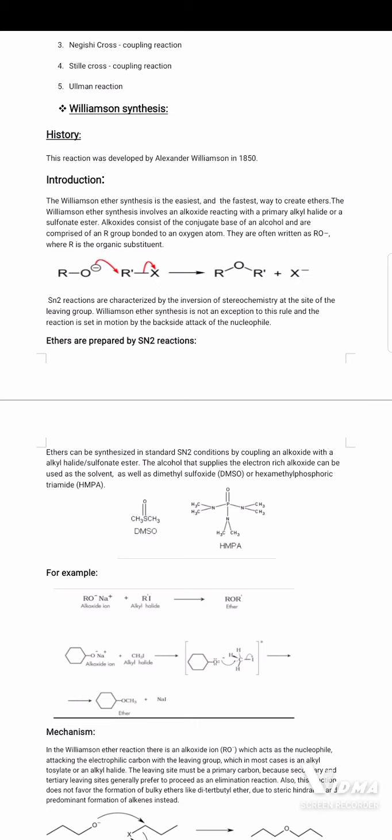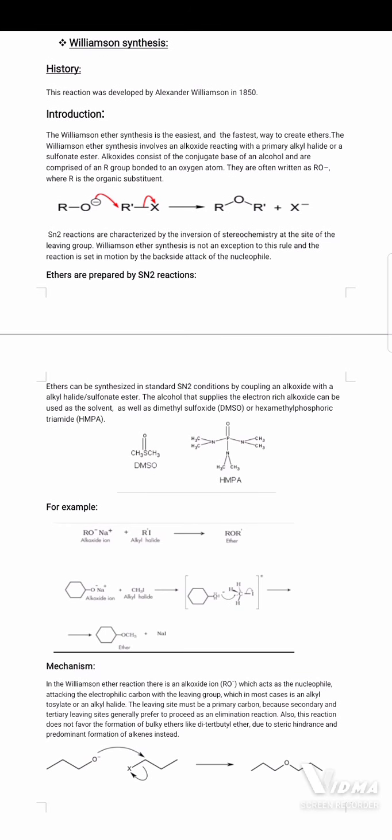Alkoxides are the conjugate bases of alcohols and are comprised of an R group bonded to an oxygen atom. They are often written as RO-, where R is the organic substituent, as we can see in the given example. Ethers are also prepared by SN2 reactions. Basically, ethers can be synthesized under standard SN2 conditions by coupling an alkoxide with an alkyl halide.